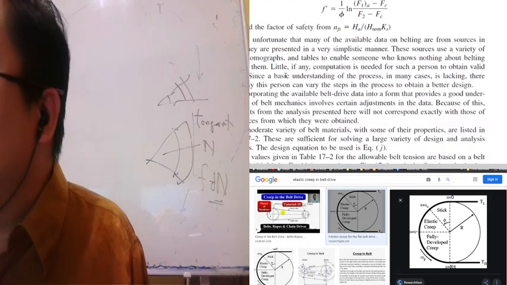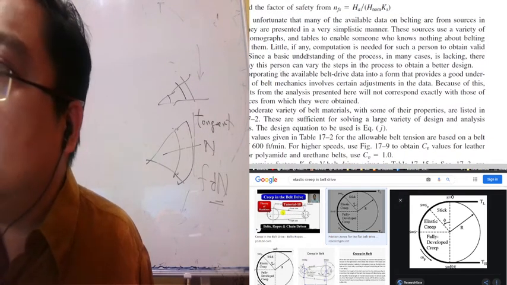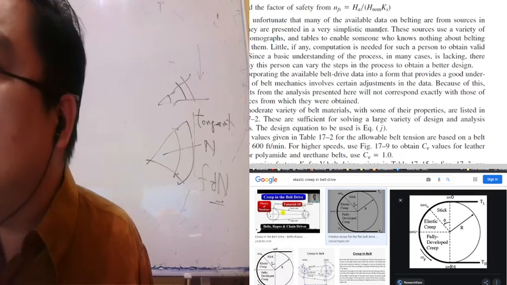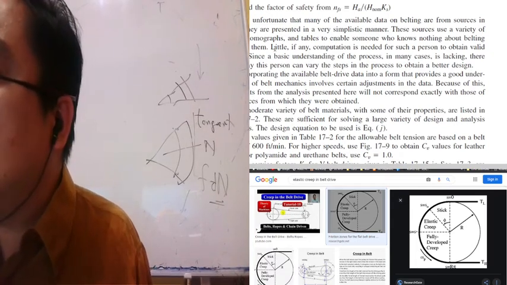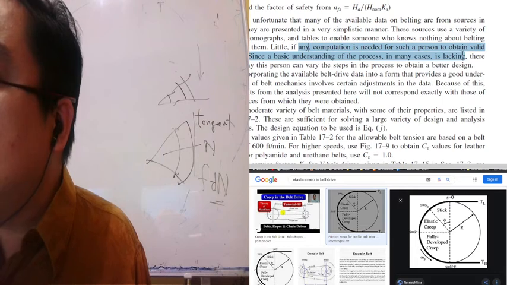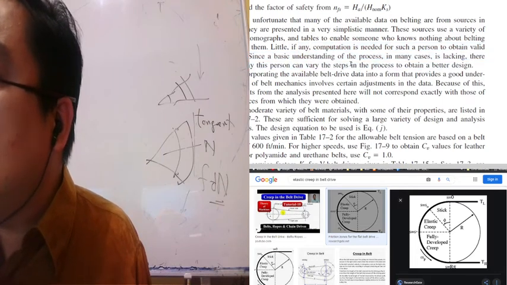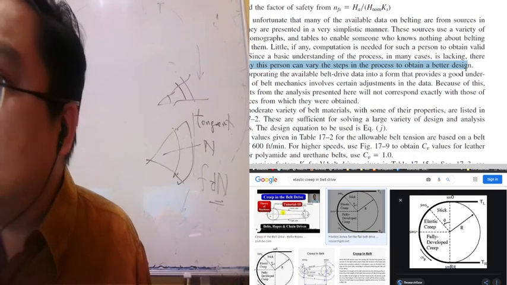It is unfortunate that much of the ability data of belting from sources in which it is presented is in a very simplistic manner. Sources use a variety of charts, monographs and tables to enable someone who knows nothing about belting to apply them. Little if any computation is needed for such a person to obtain a valid result. Since a basic understanding of the process in many cases is lacking, there is no way this person can vary the steps to obtain a better design.